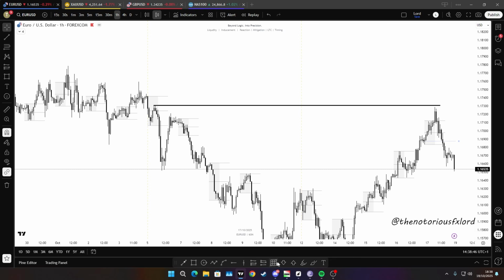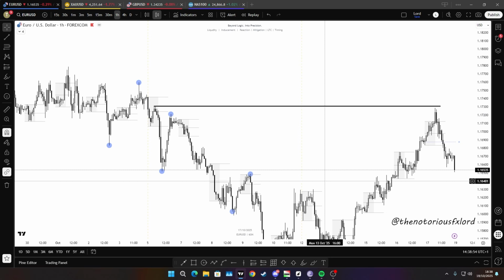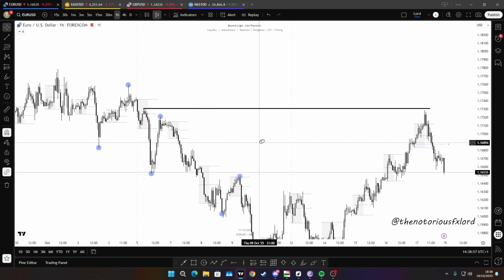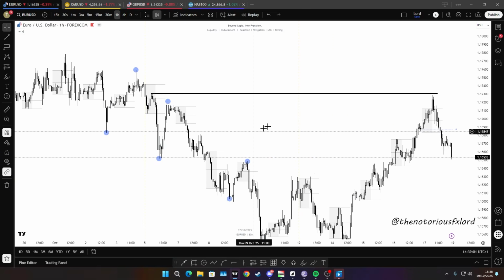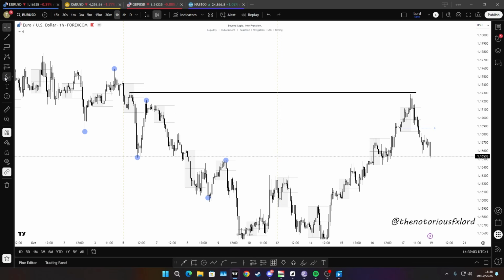And if I mark my structure properly, we do have something like this, right? So most of the liquidity in this high is irrelevant for me. This is nothing.